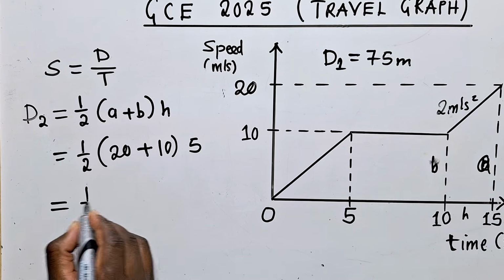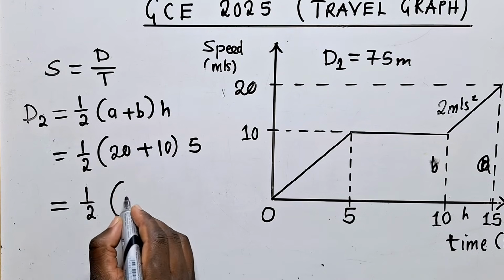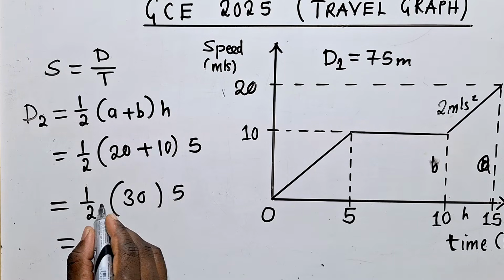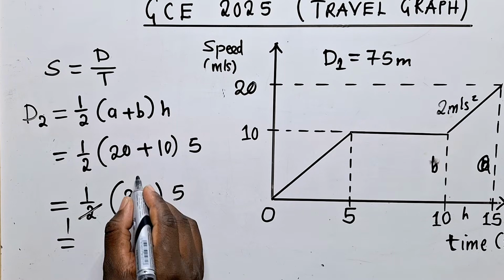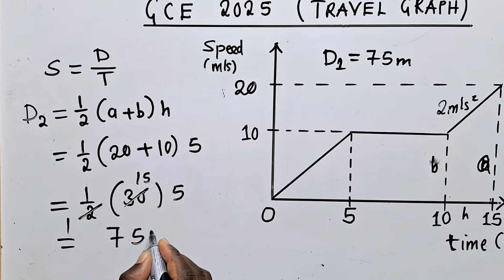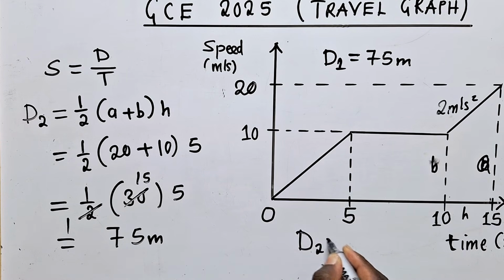And this is 1 over 2. It's giving us 30 inside and a 5. So we can divide 2 into 2, it's 1, into 30, it's a 15. 15 times 5, it's also 75 meters. So distance 2, let me write it here. D2 is 75 meters.